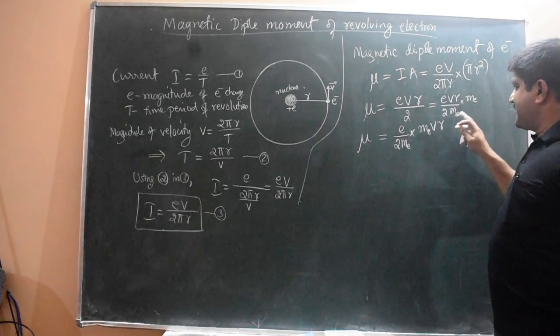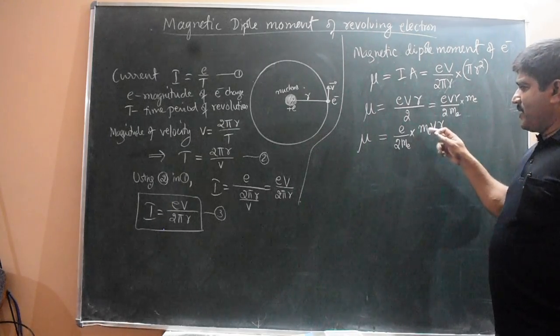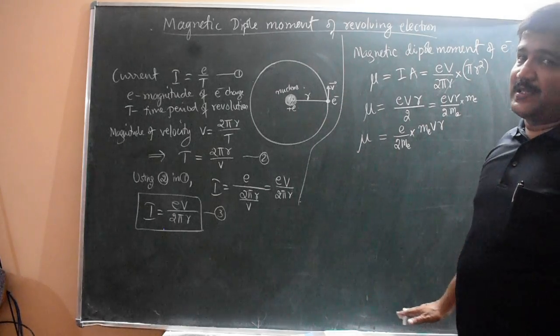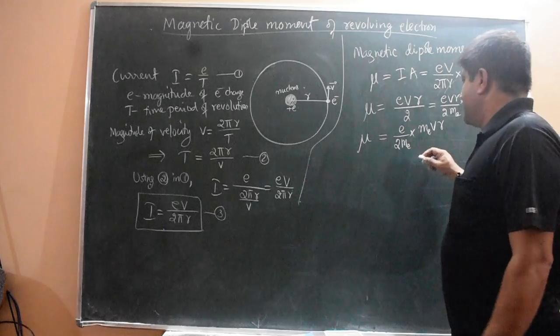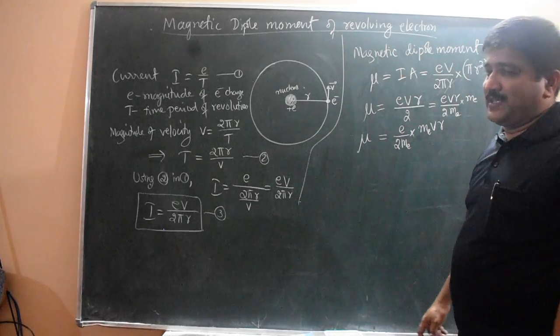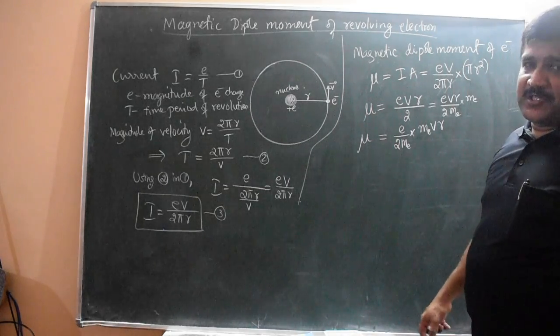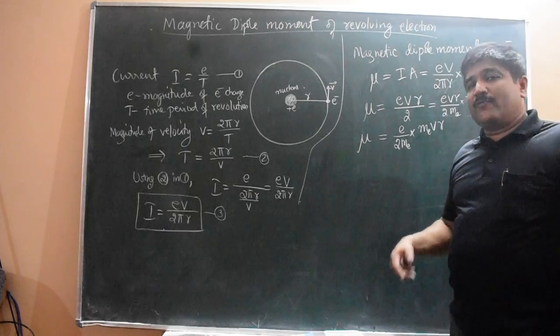Now there is a reason for multiplying and dividing by m_e. What is m_e v r, or m v r? The product m v r is nothing but the orbital angular momentum. In Bohr's second postulate you have seen that the angular momentum of an electron revolving in any stationary orbit is an integral multiple of h by 2 pi.